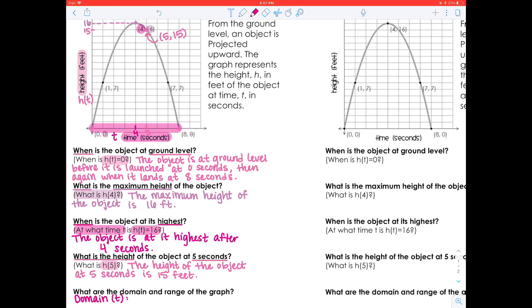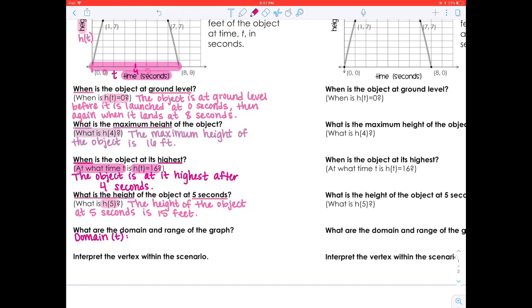And now these are included. These are part of the process. 0 seconds is when it launches. 8 seconds is when it lands. So these should be included in our interval with brackets, the hard bracket. So 0 to 8.